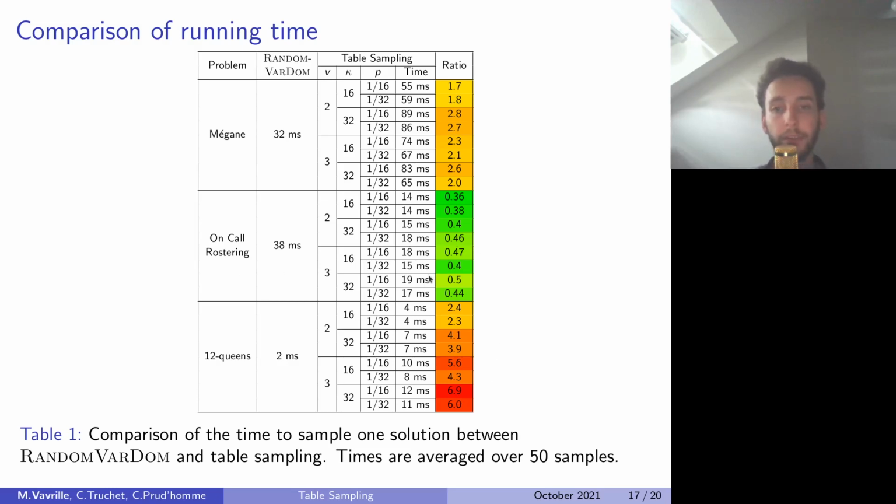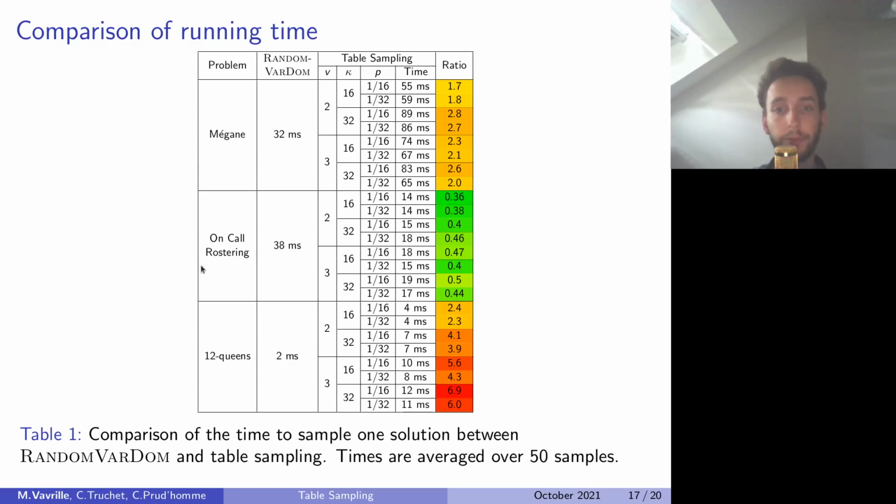And to understand these 2 differences, we have to understand that these 2 problems are very different, because the 12 queens has a lot of solutions and on-call rostering is a very sparse problem. And why we perform very well on on-call rostering is because we keep the search strategy defined by default by the solver. So in Choco, it's DOM over WDEG and last conflicts.